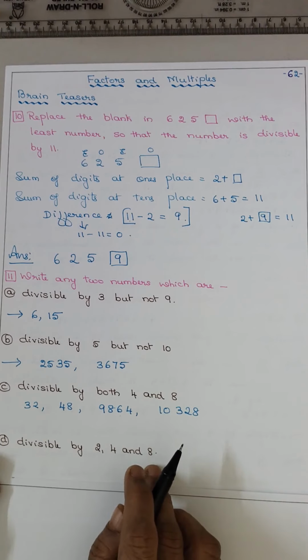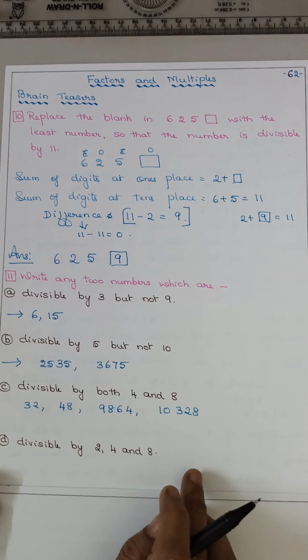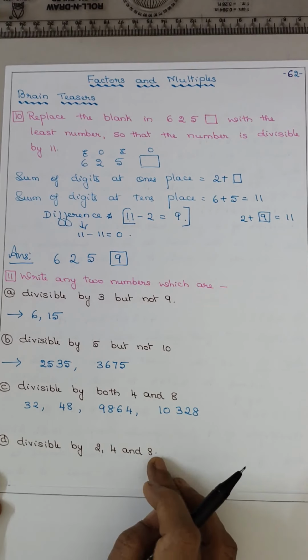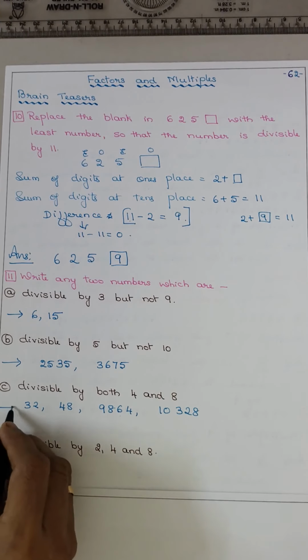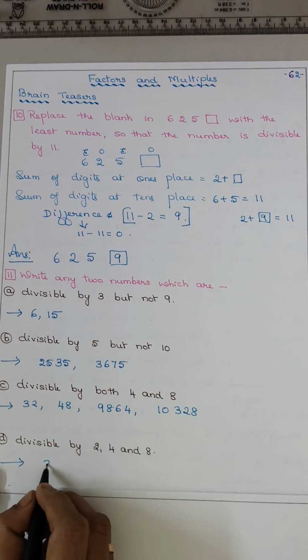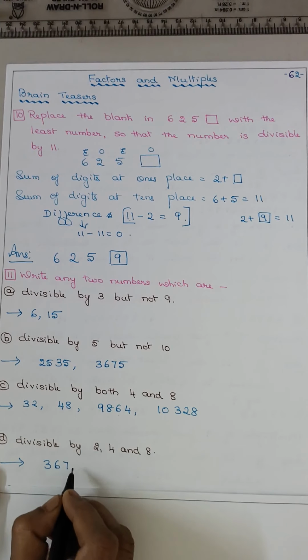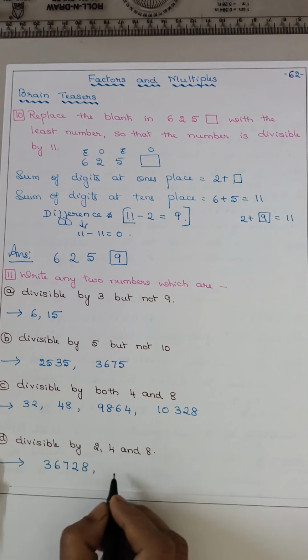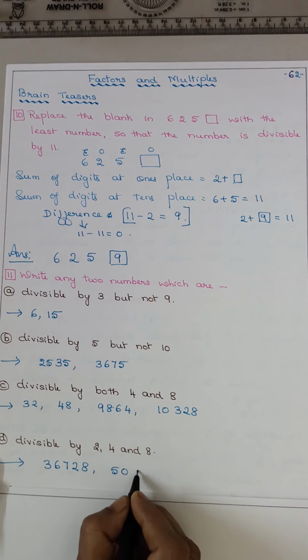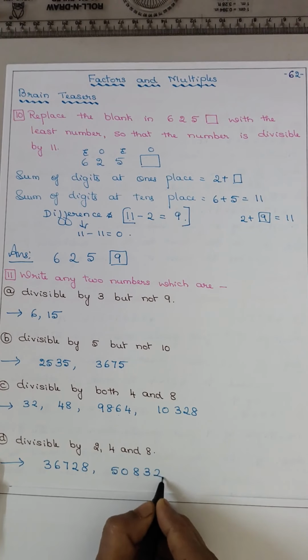Divisible by all the 3, 2, 4, 8. So 8 से divisible है तो 2, 4 से भी है. So you can write bigger numbers 36728, then 50832.